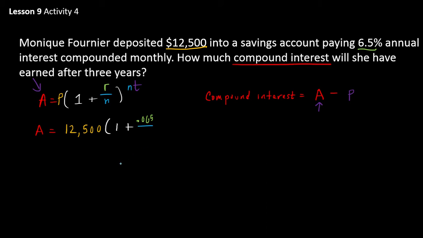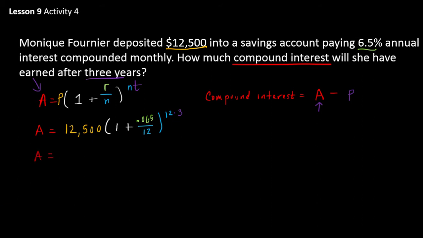Now this is compounded monthly. There are 12 months in a year, so there are 12 periods that I'm going to compound. I'm going to use that same number in my exponent. T is time in years. They asked me to find this number after 3 years, so T is equal to 3. So I've set up, and now all I need to do is solve.